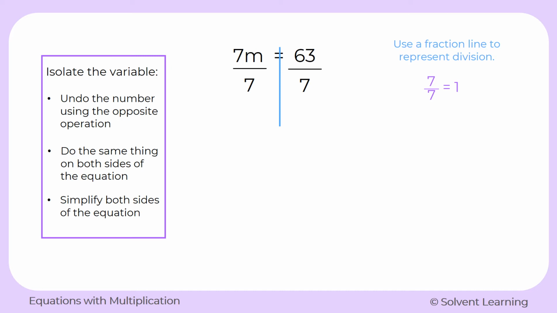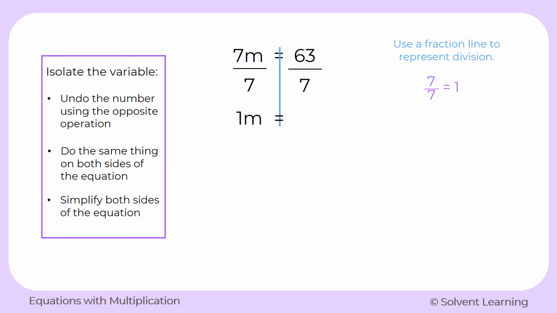So the 7 over 7 is really equal to 1. So that whole fraction on the left side becomes 1 times m, written as 1m. Now we work our way to the middle to bring down our equal sign. Now we can go to simplify the right side of the equation.